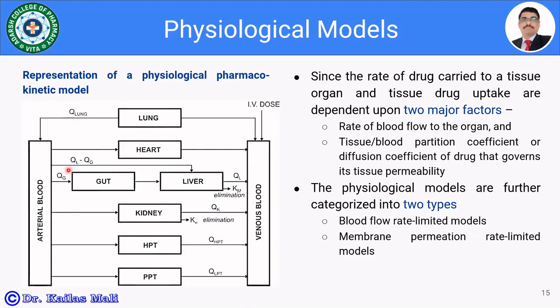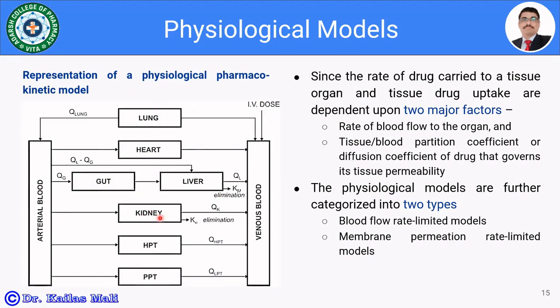So here is the representation of the physiological pharmacokinetic model. Say, for example, we have given an intravenous dose. This is the venous blood, here it's the arterial blood, and these are the various compartments along with their blood flow. So here it's the lung, heart, then the gut, liver. From the liver, the drug is going to be metabolized.